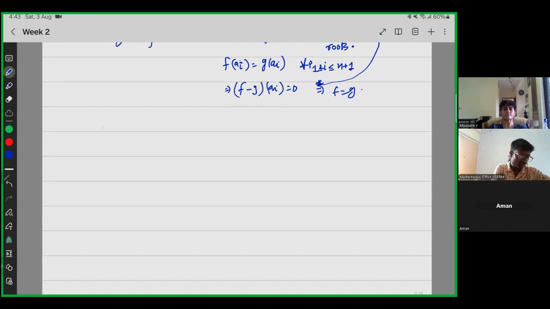Next, something was given about algebraically closed fields. This was the definition. Let K be a field.